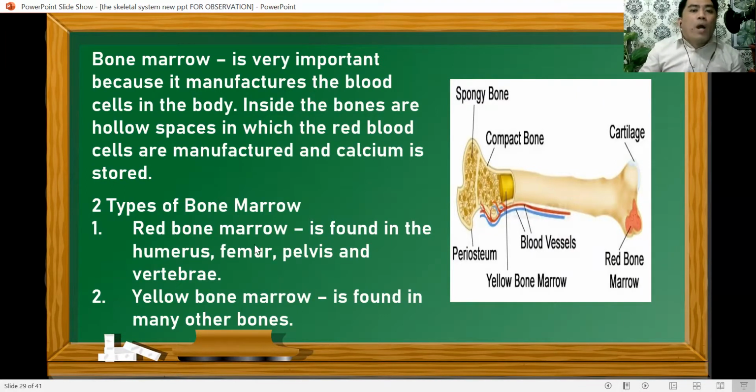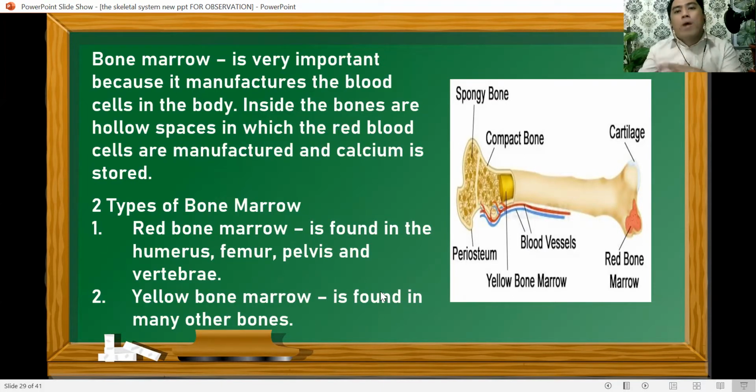So ang red bone marrow daw is found in the humerus. So saan nga yung humerus? Ito. Yan. Femur, dito sa ating thigh. Okay, and pelvis, dito sa may balakang natin. And the vertebrae or in the backbone. So, ang makikitang bone marrow diyan sa mga nabanggit na mga bones ay red bone marrow. While the yellow bone marrow is found in many other bones.